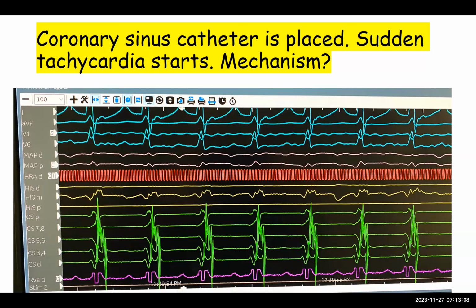Right. Well, it was probably tickled by the catheter, but the fact that the catheter happened to be being placed into the coronary sinus doesn't actually matter. There's no evidence to my knowledge that PACs or PVCs that occur near to a substrate of tachycardia are more likely to cause tachycardia. That would be an interesting study, but in my clinical experience, that has never been the case.